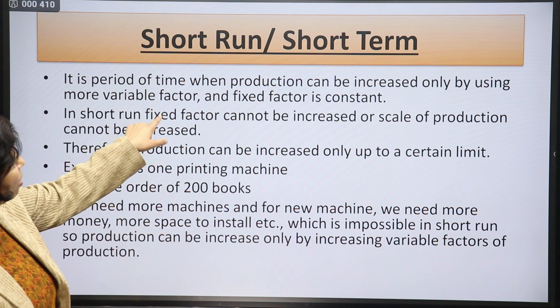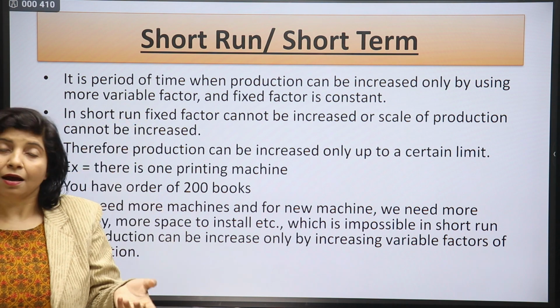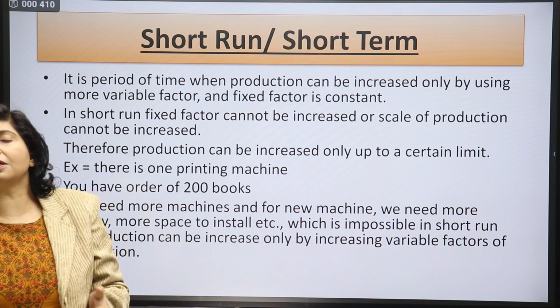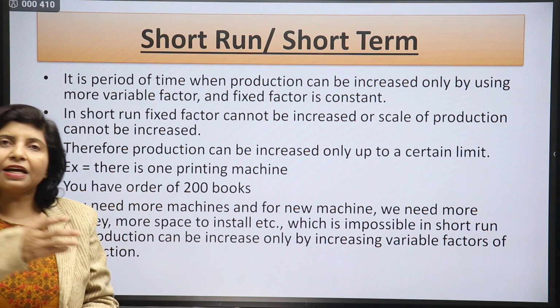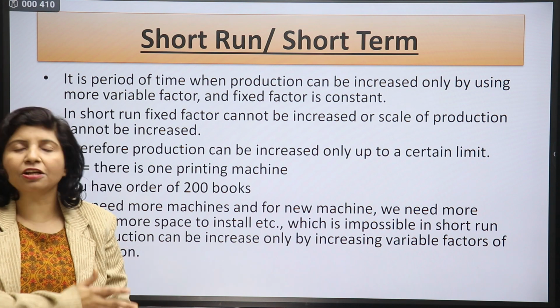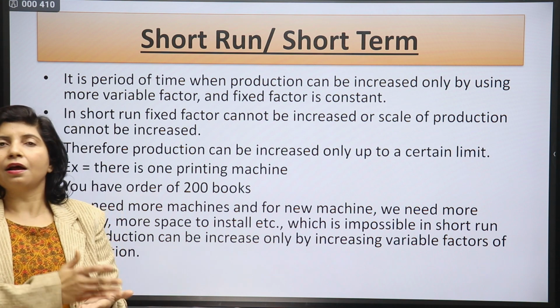So in the short run production can be increased only by using more of the variable factor. We can increase the number of laborers or workers, so only labor can be increased in the short run.